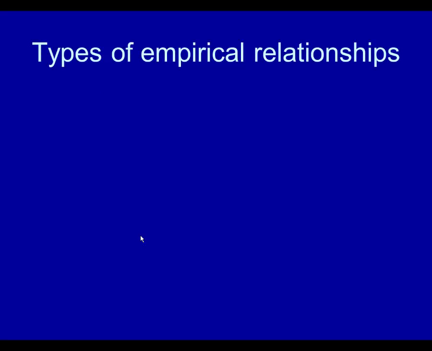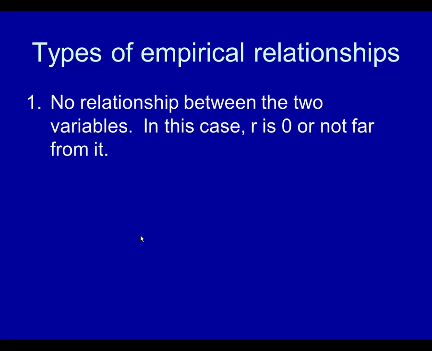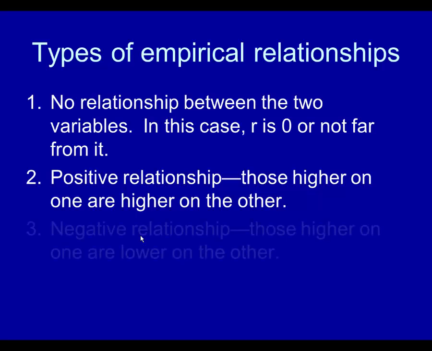Let's look at types of empirical relationships. No relationship between two variables. In this case, R is 0, or not very far from it. Positive relationships, which means that those higher on one are higher on the other. If there's a positive relationship between age and self-esteem, that means that older people have higher self-esteem, younger people have lower self-esteem.